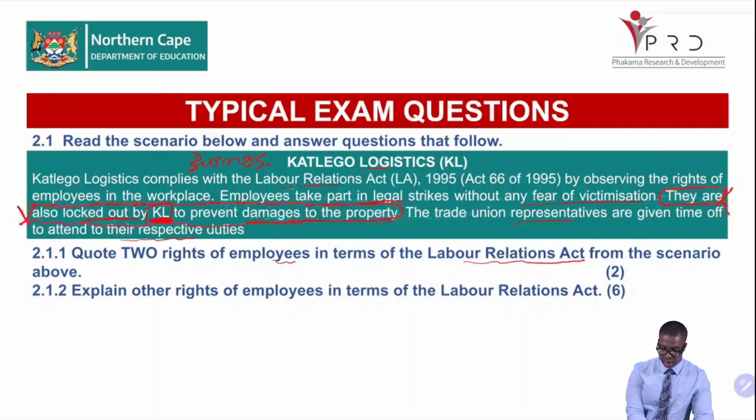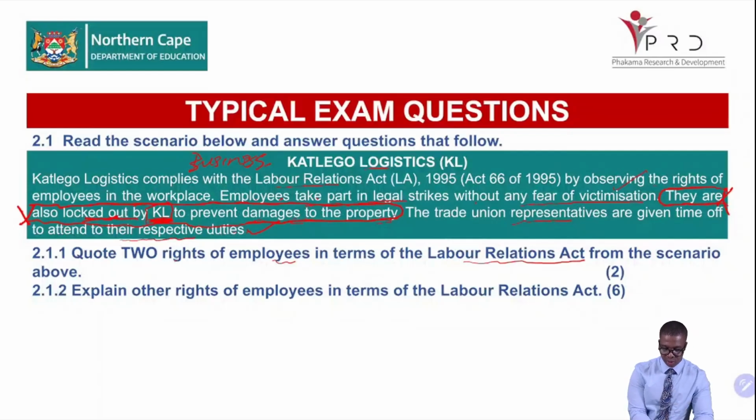However, one of the employee's rights is that the employee may take part in a legal strike without any fear of victimization. Then the trade union representatives are given time off to attend their respective duties. So this is also part of the employee's right, and the idea of allowing employees to participate in a legal strike. But locking the employees out to prevent damages, it is the right of the employer.